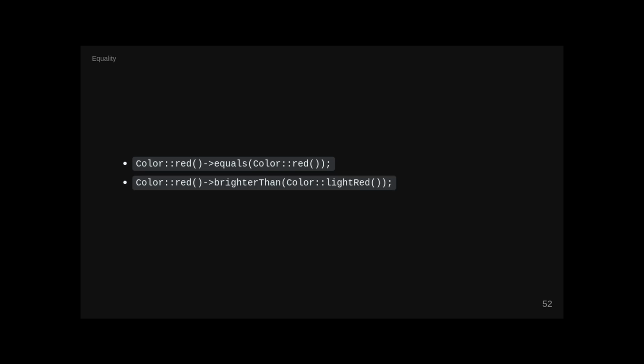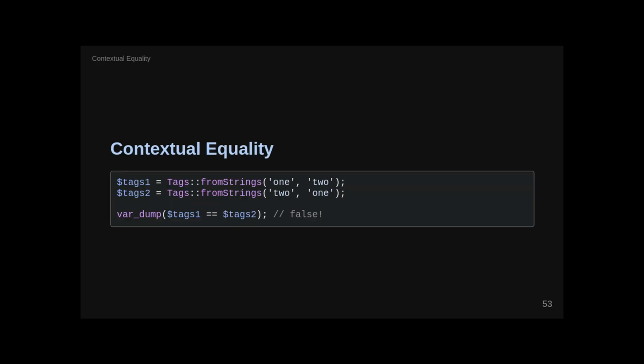But then we can say red is brighter than light red. So we can start incorporating the terminology of the domain in our operators. You know, this means something. Red greater than light red, in what aspect is it greater? And we can do things like mix. We can mix red with green. This is an operation, it returns another color.